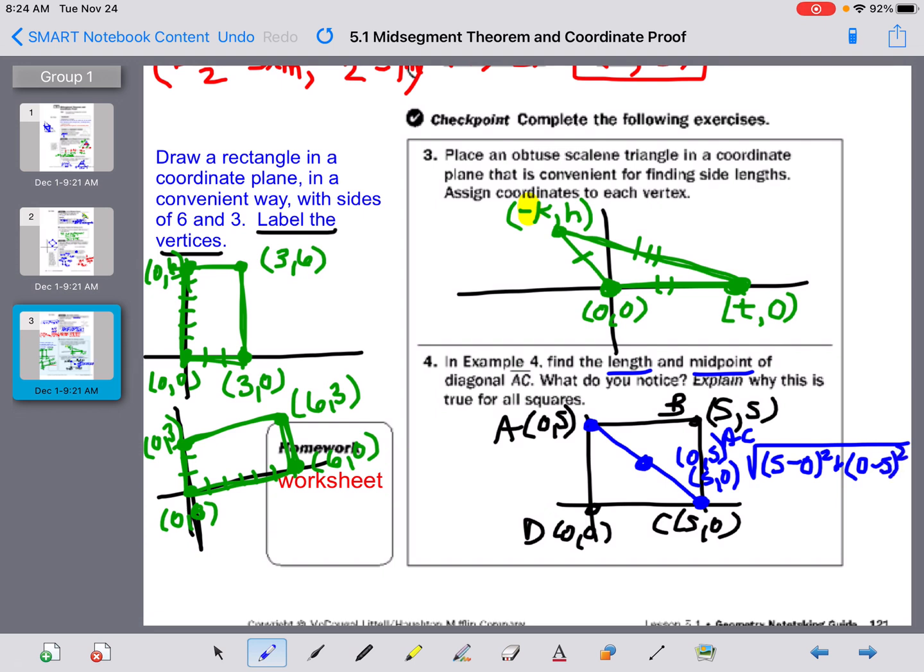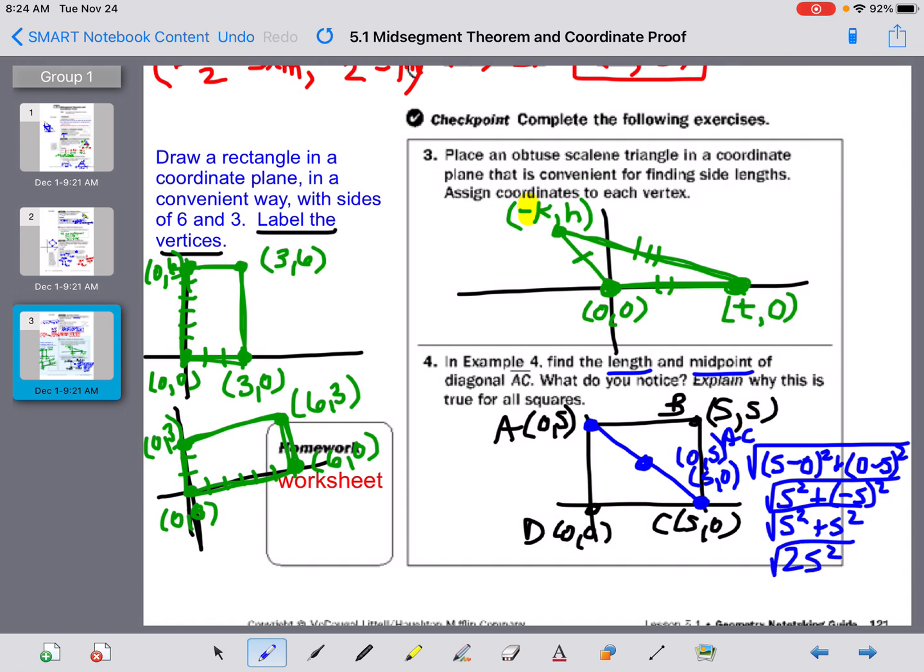S minus 0 is S, squared. 0 minus S is negative S, squared. S squared is S squared. Negative S squared, because the negative is inside the parentheses, is negative S times negative S, which is positive S squared. I get two of my S squareds.